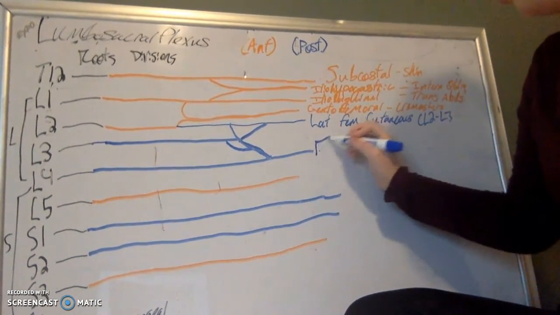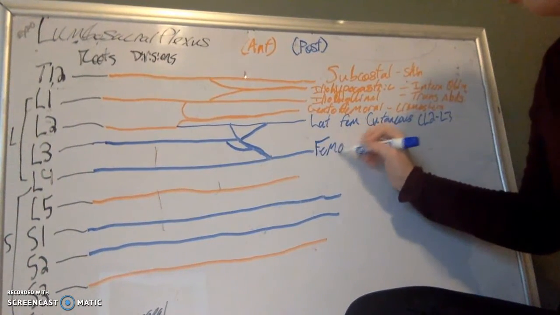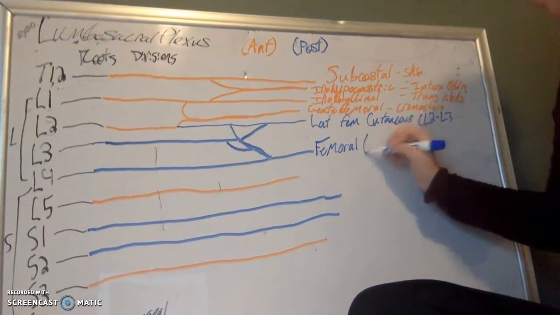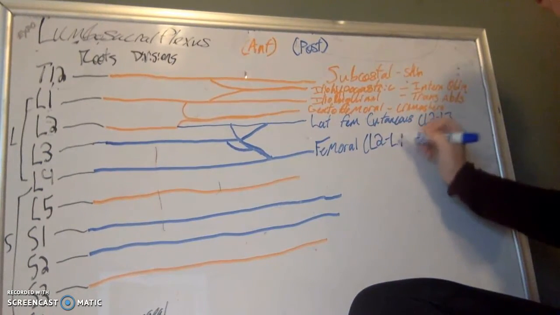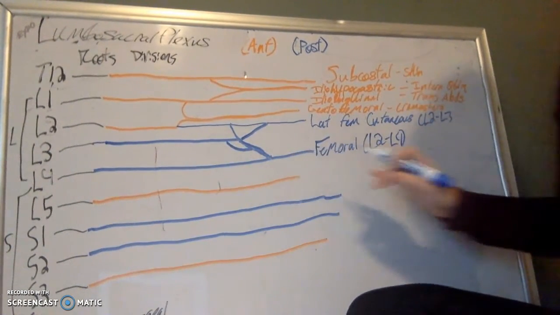And then beneath it, we will have the femoral nerve, which will have innervations from L2 to L4, as depicted.